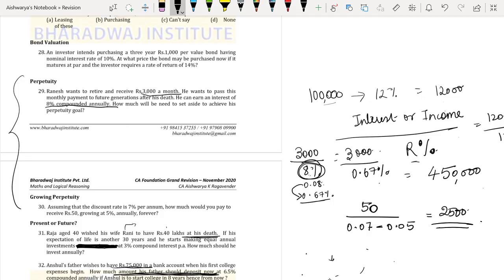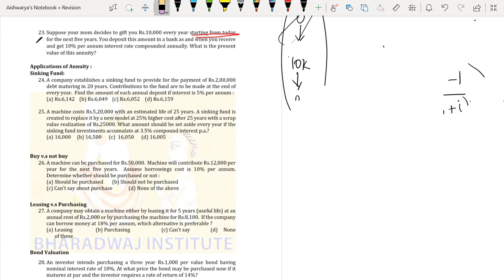Okay, read Archana, applications. We'll start with sinking fund. I have brought two types of questions in sinking fund. One very straightforward, another one a little bit adding some touches to it.